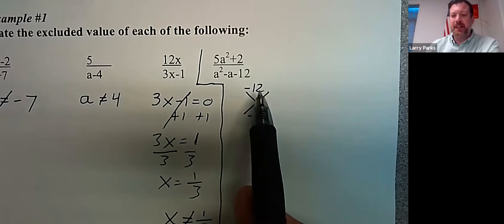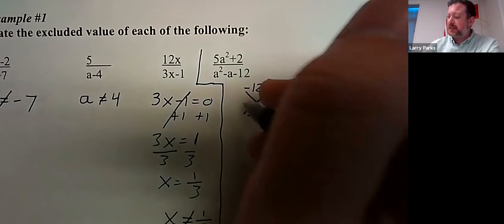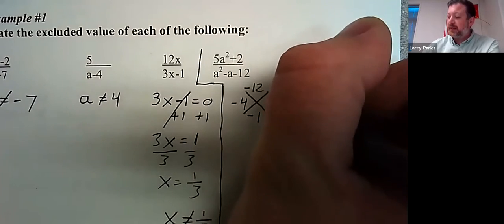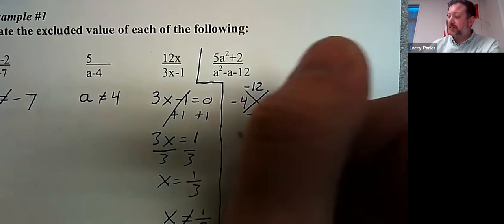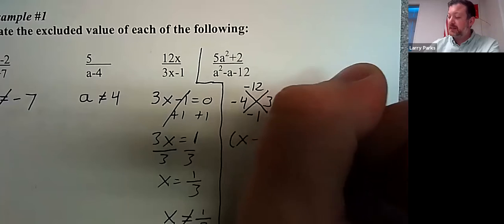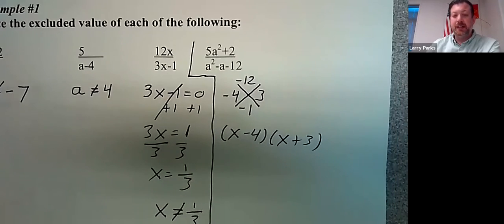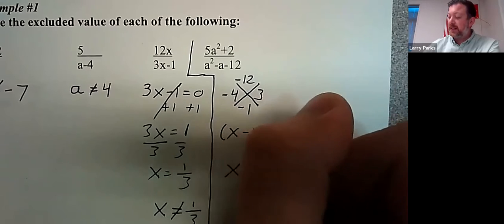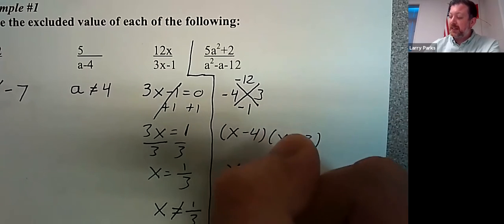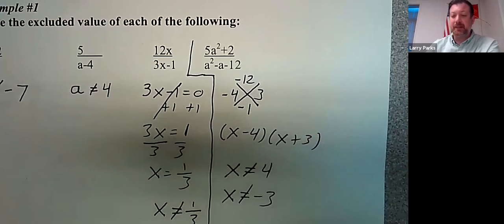So what multiplies to -12 adds to -1, that's -4 and 3. So you'd get x minus 4, x plus 3. That means that x cannot equal 4, x cannot equal -3.